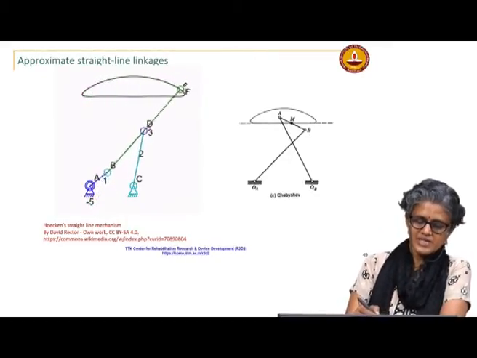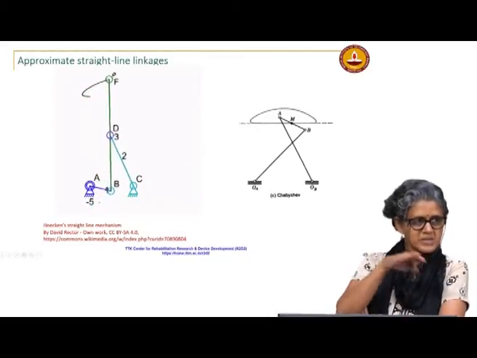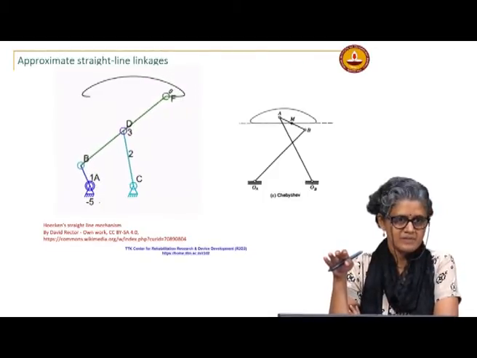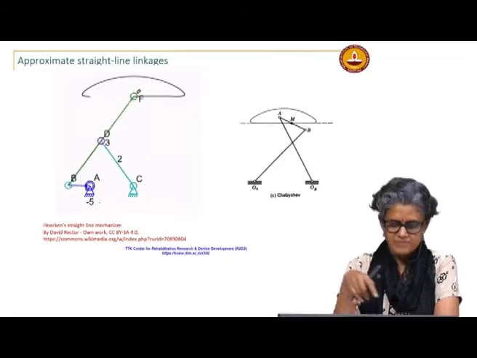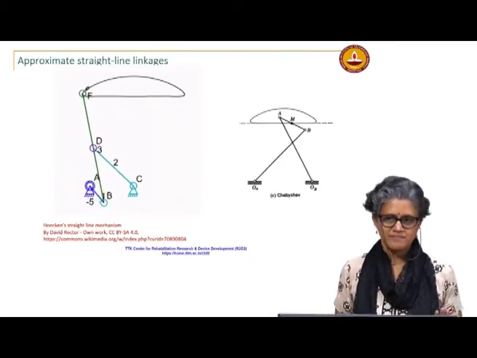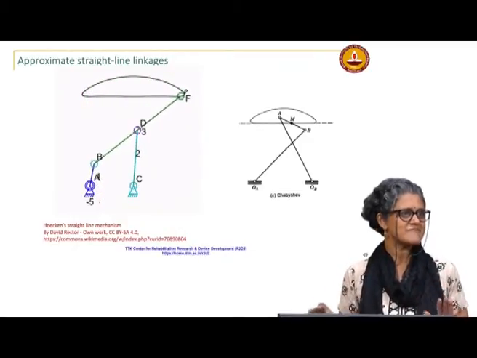In the Hawkins linkage, the coupler point moves outside that coupler base when you derive the cognate for this linkage. And these have different names because they were independently derived. Later on it was found that one can be derived as a cognate of the other.